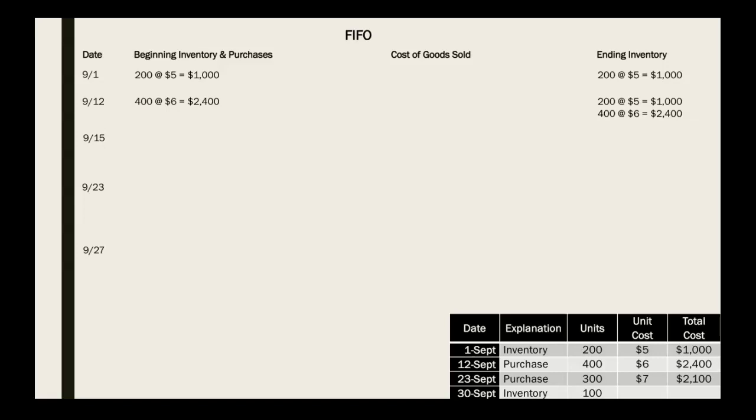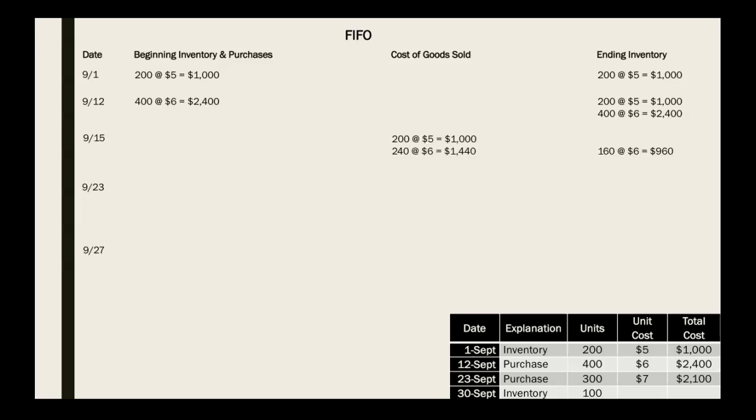So now on the 15th, we sold 440 units. So first in, first out. The first ones that came in were those 200 at $5 a piece, so we're going to want to sell those first. But we then have another 240 units that we need to sell to make up that full 440 unit sale.